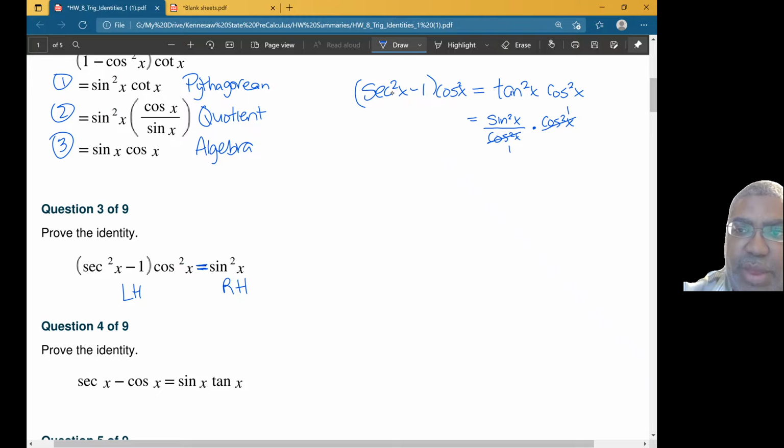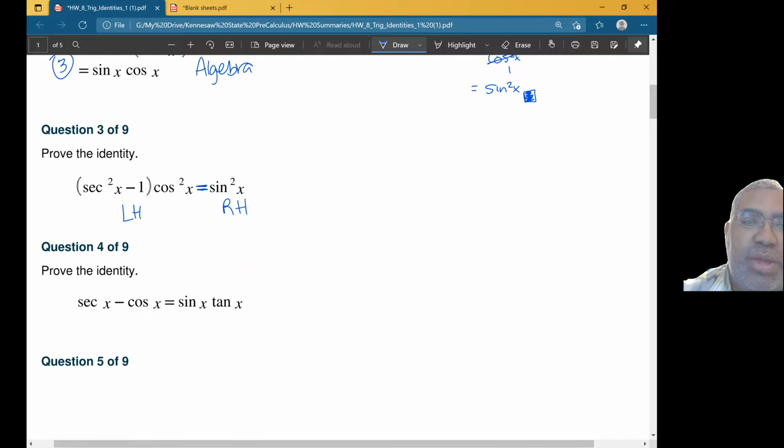So I get sine squared x times 1 over 1, which is just sine squared x. Sometimes in proofs, they'll make this little box. That means we're done. Sometimes it'll have QED, which stands for something in Latin, but it all means I'm finished.